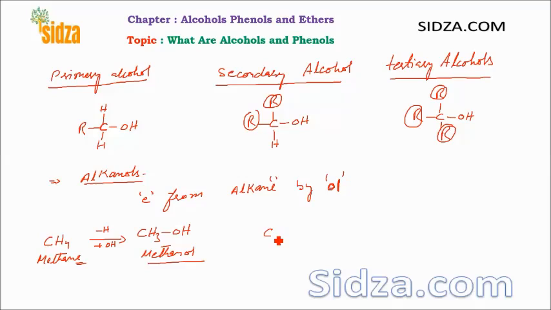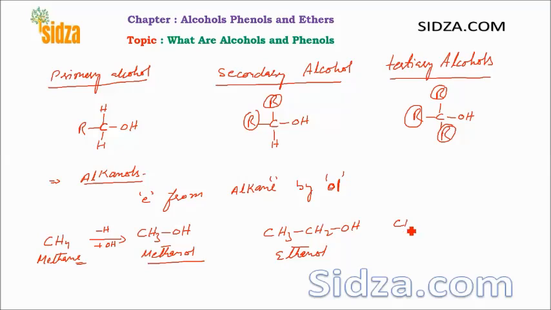Similarly, for example, we have this one, CH3CH2OH. Here the parent alkane is ethane, and from ethane we will replace E by the OL. So the name for this molecule will be ethanol, right?